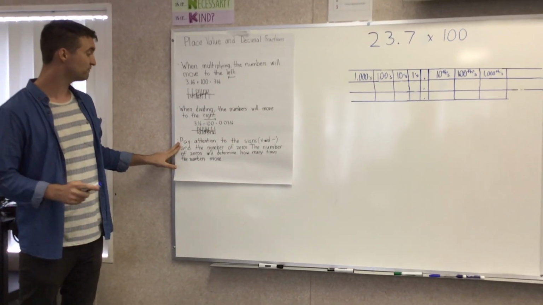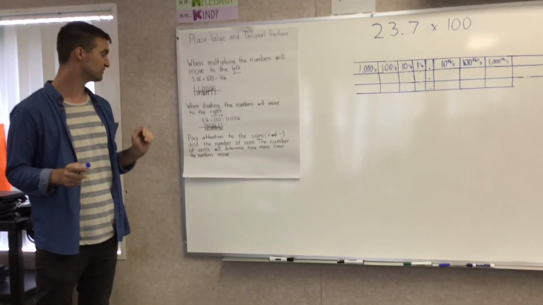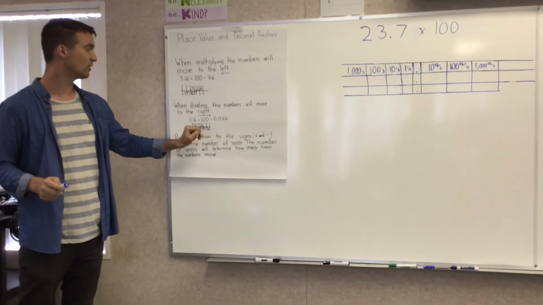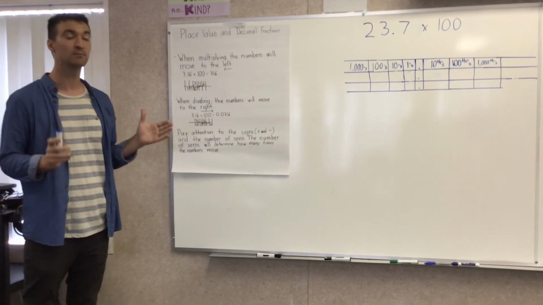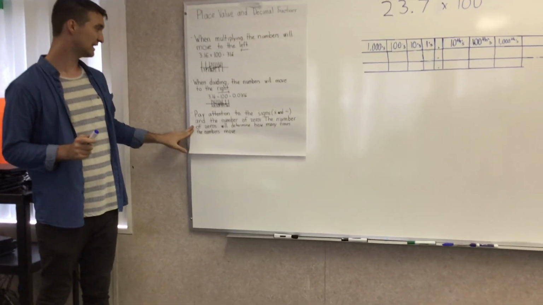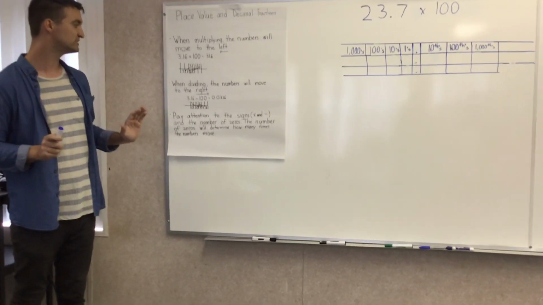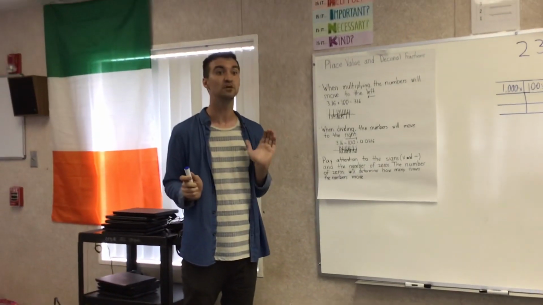Some things we do want to focus on are paying attention to the signs, whether multiplication or division, and the number of zeros that we're multiplying by. Up here we had 100, so the numbers were going to move twice. Now, as I said, please always pay attention to the number of zeros because that's going to determine how many times the numbers are going to move.